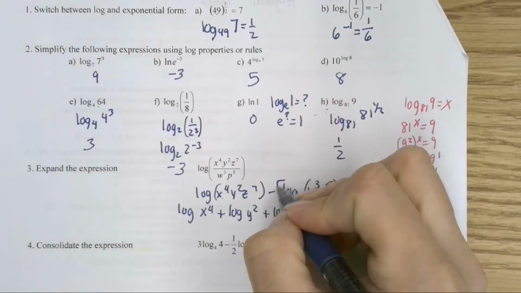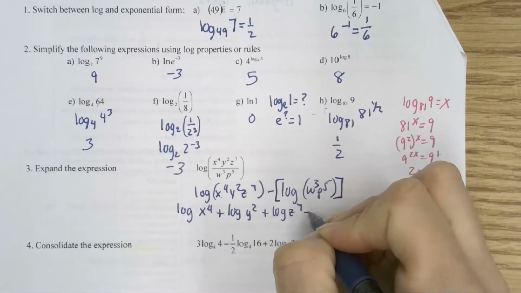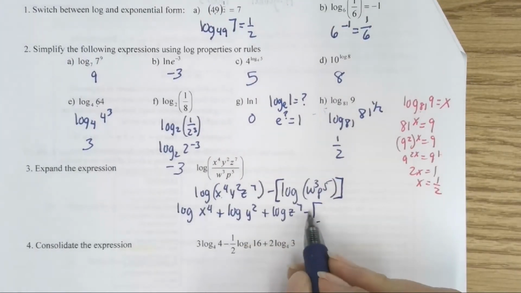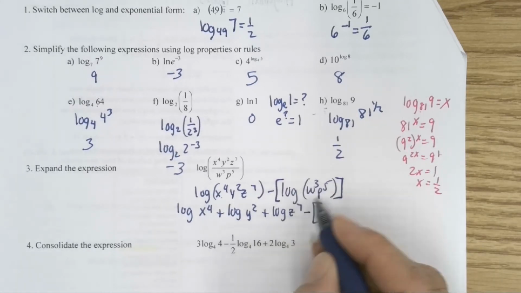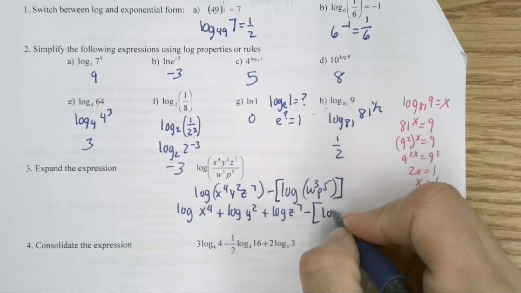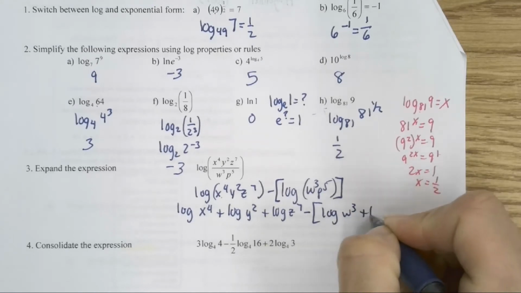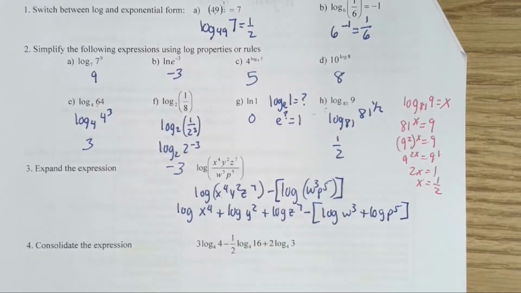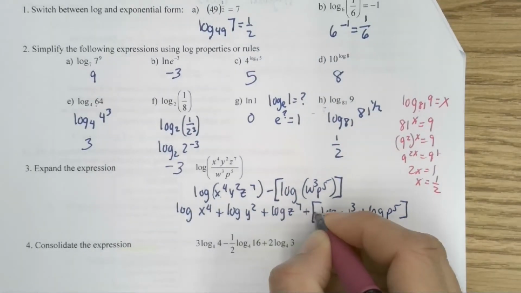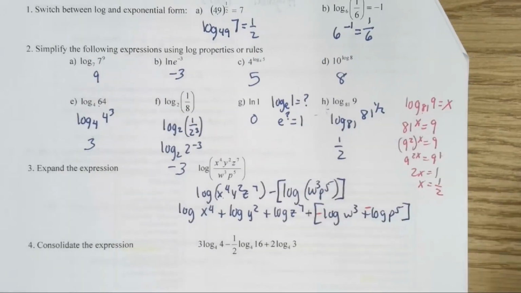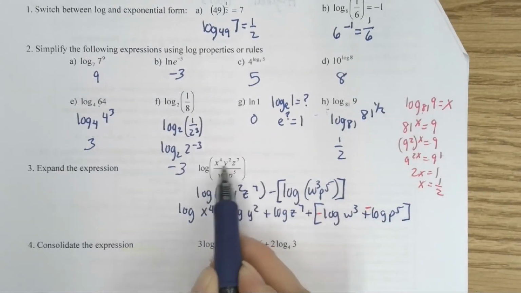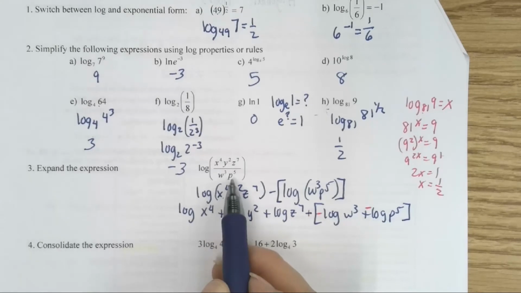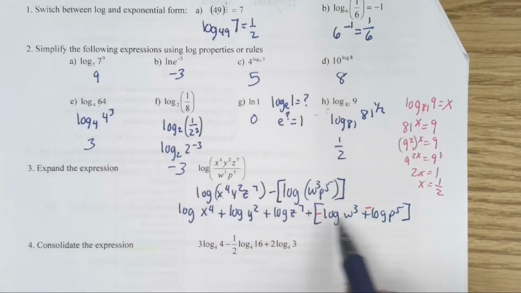If you treat the subtraction symbol like a multiplier in front, I am going to treat this like a product. So that would become log of w cubed plus log of p to the 5th. However, when I distribute the subtraction symbol, they're both going to become subtracted expressions, which marries up with what I was expecting. Any expression or variable sitting in the denominator needs to have a subtraction symbol in front of it.